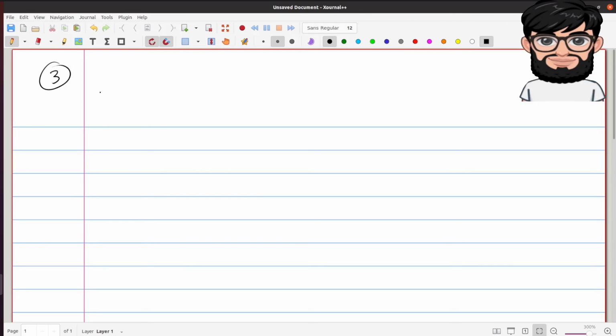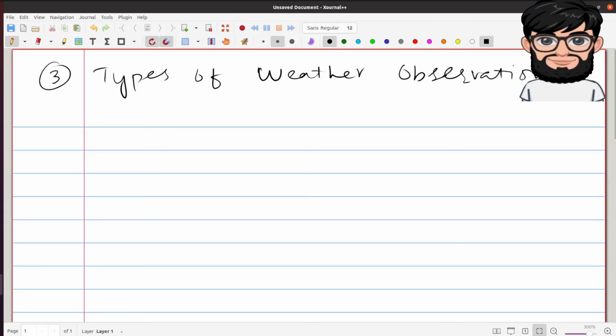Describe the several types of weather observing program available. Okay, one is the manual observation.